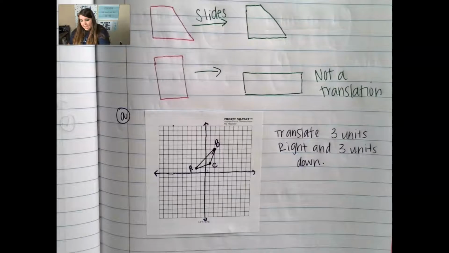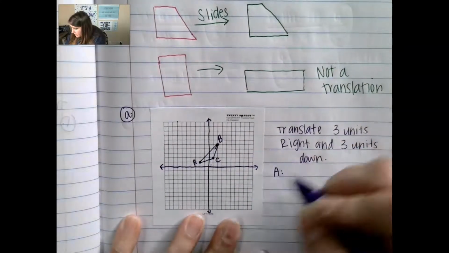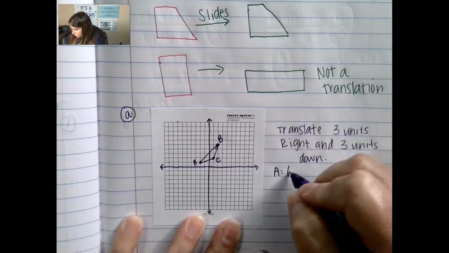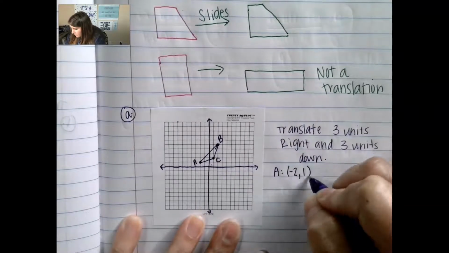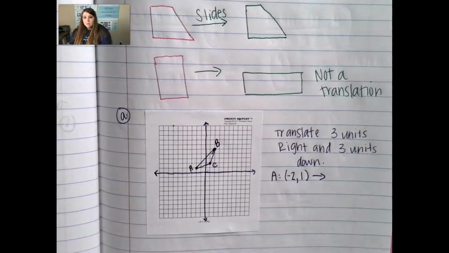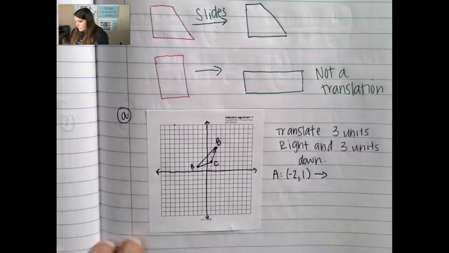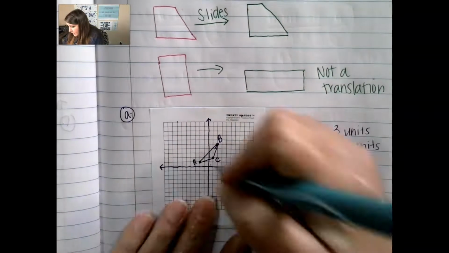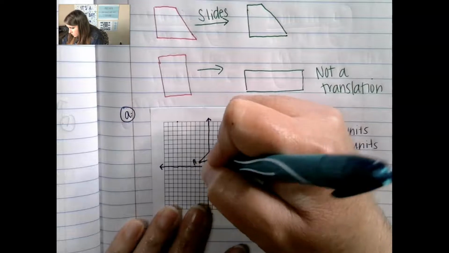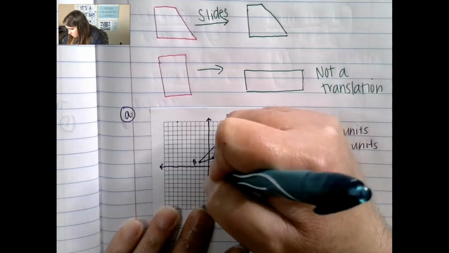So point A originally started at -2, 1. So we're going to move this or translate it 3 units to the right and then 3 units down. So I'm going to take this point and I'm going to count 1, 2, and 3, and then go 1, 2, 3.